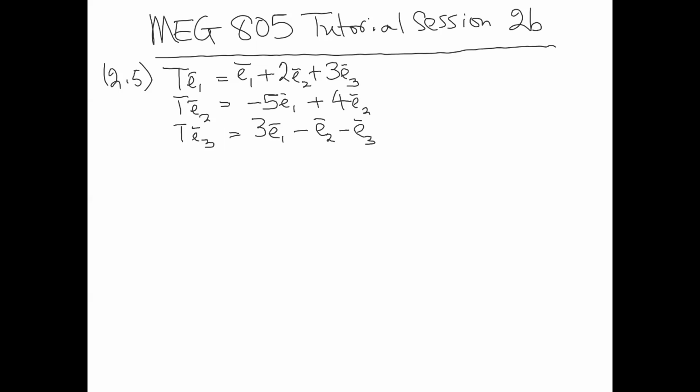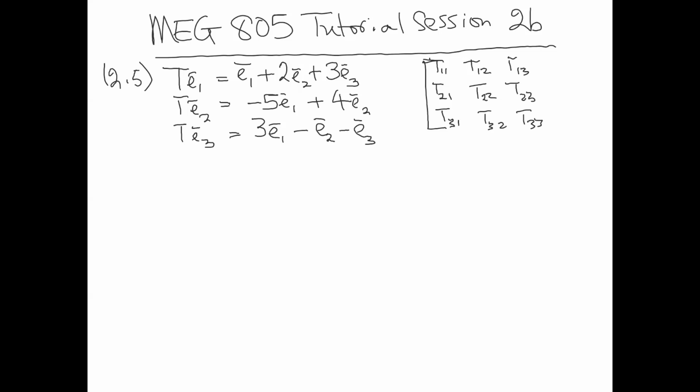So, from the last session, we saw that when we are looking for that tensor, what we are actually looking for are the components of the tensor. So what we're actually looking for is T11, T12, T13, T21, T22, T23, T31, T32, T33.